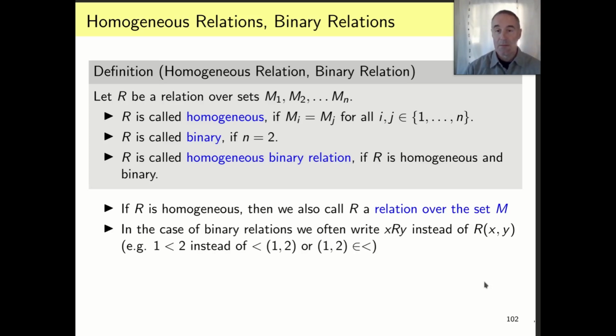If a relation is homogeneous, we call it a relation over a given set. Then we don't have to talk about the sets that are of each of the arguments. We don't have to talk about them separately. We can just say it's a relation over this set. All the arguments will be drawn from this set.